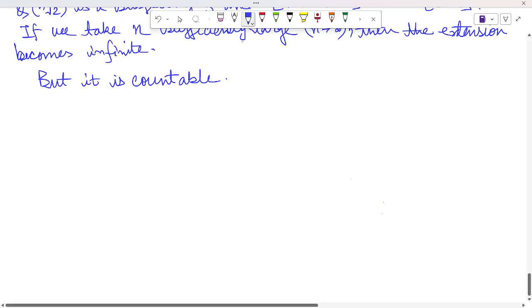That is the reason why it is countable. Do it as your own assignment.